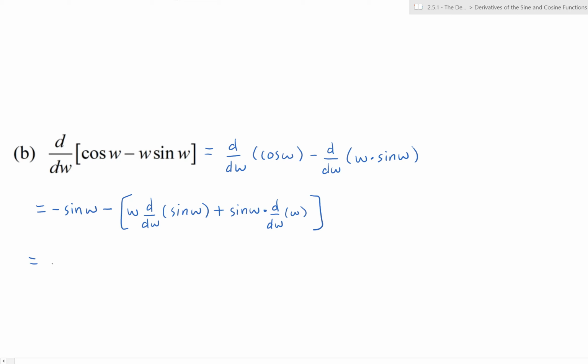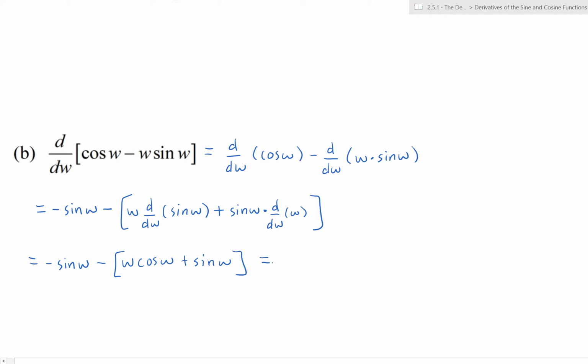Let's finish it off. What do we get? We got negative sine of w minus the quantity. Derivative of sine of w with respect to w is cosine w. So I get w cosine w. And then the derivative of w with respect to w is just 1. So I'm left with a plus sine of w.